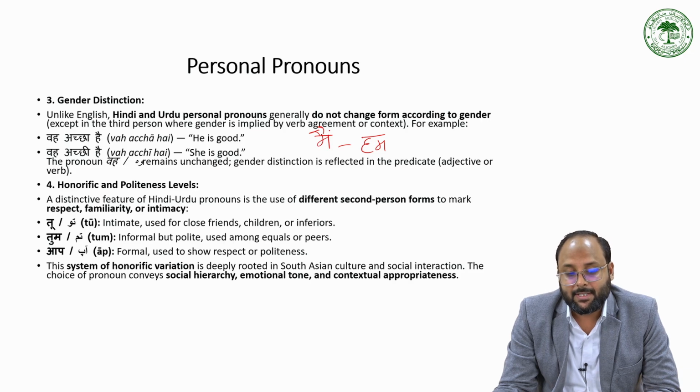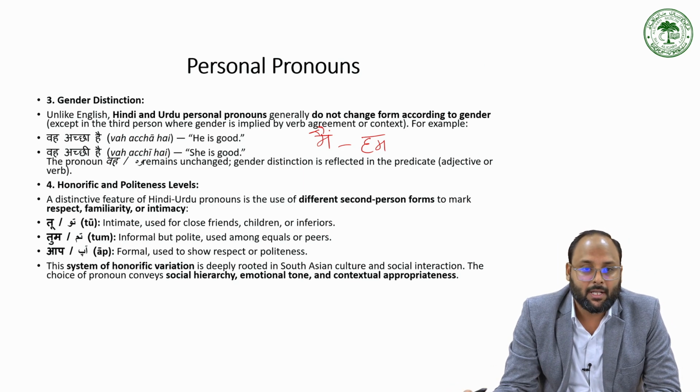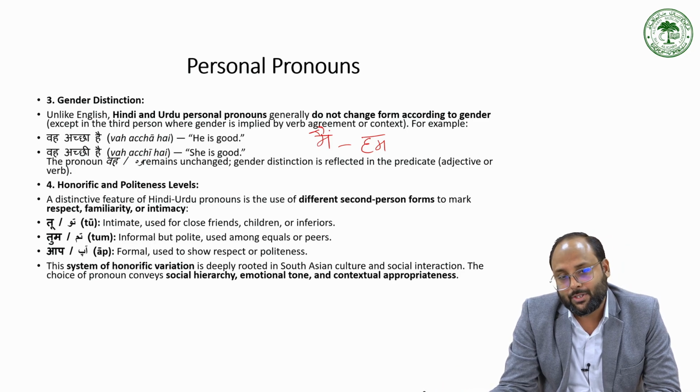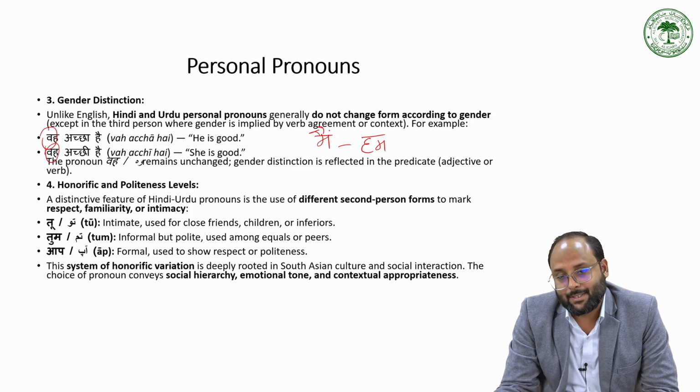But for gender distinction, when you are speaking as a girl, you say मैं अच्छी लड़की, and मैं अच्छा लड़का. And when we say वो अच्छा है and वो अच्छी है, we are not using different pronouns for gender distinction.